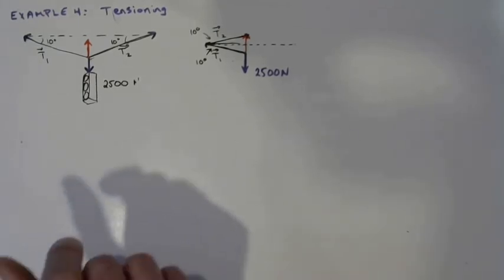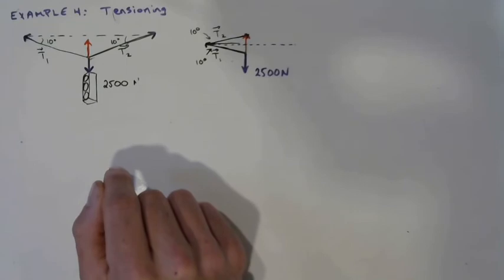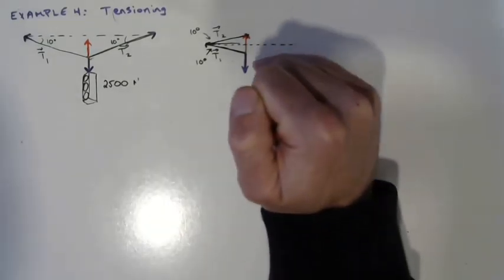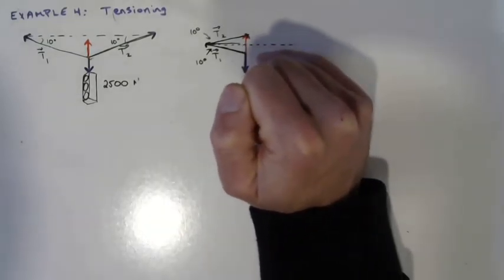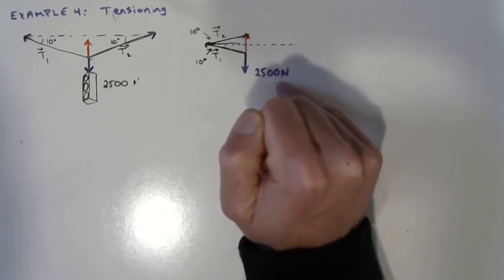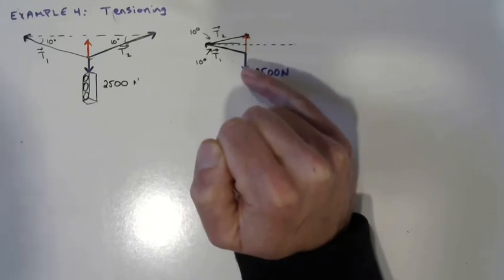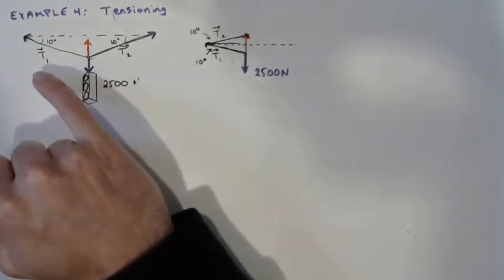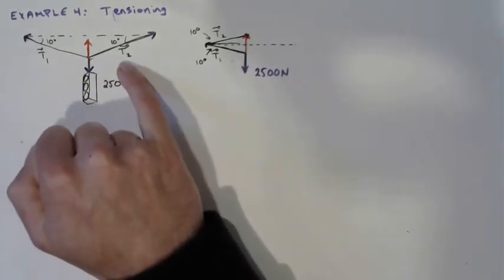All right, well, what can we do now? We already know the magnitude of our red vector, our resultant. It's going to be equal and opposite: 2,500 newtons upward. That's going to be the combined magnitude of vectors T1 and T2.